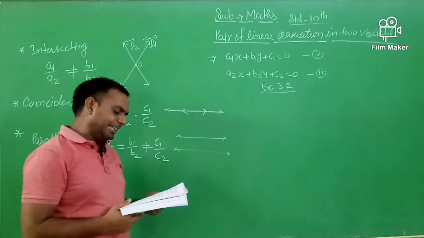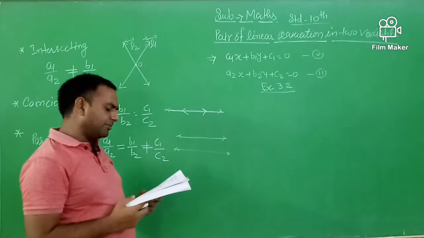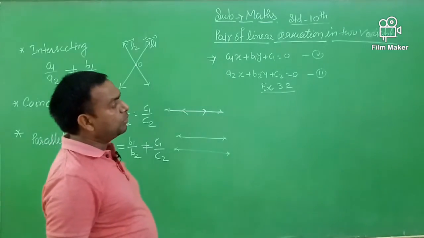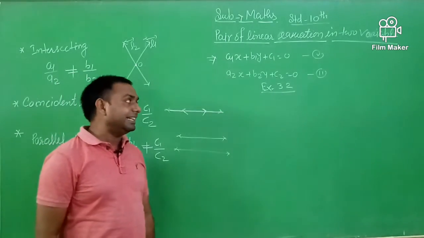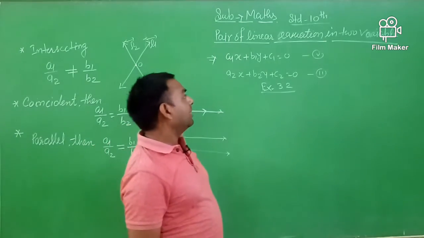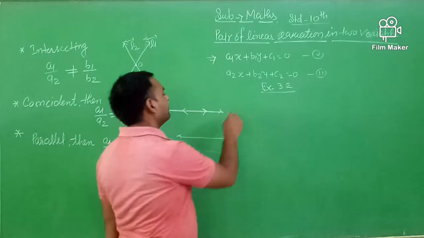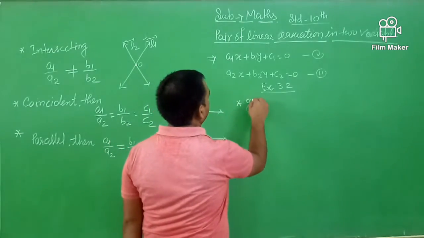Form the pair of linear equations in the following problems and find their solution graphically. There are four methods to solve a pair of linear equations in two variables, and the first is the graphical method.